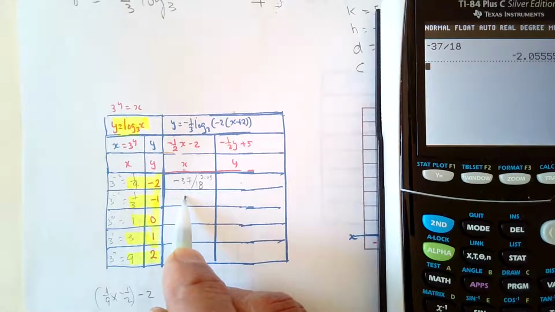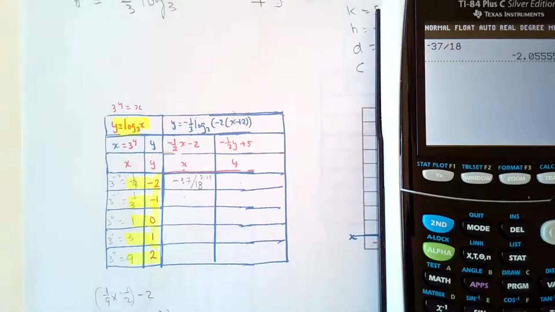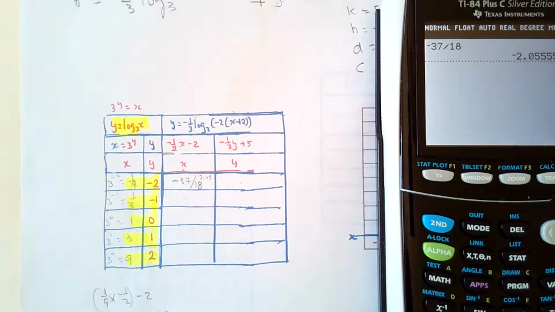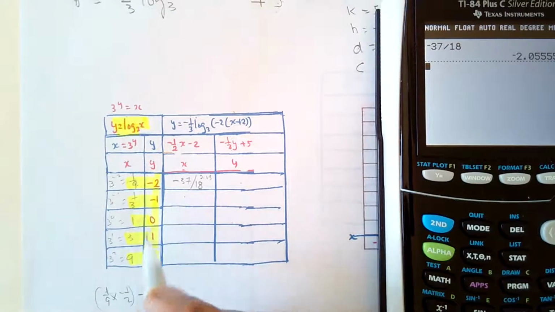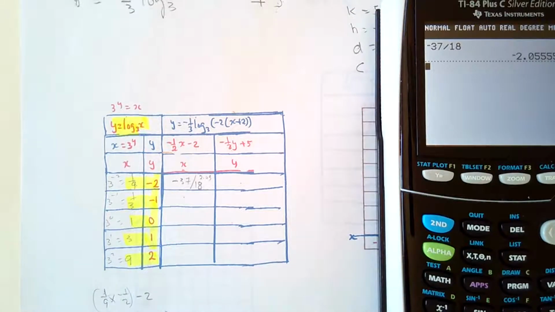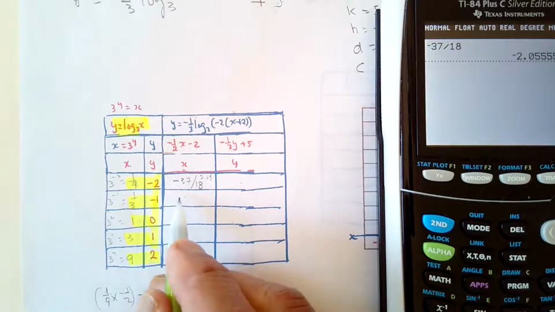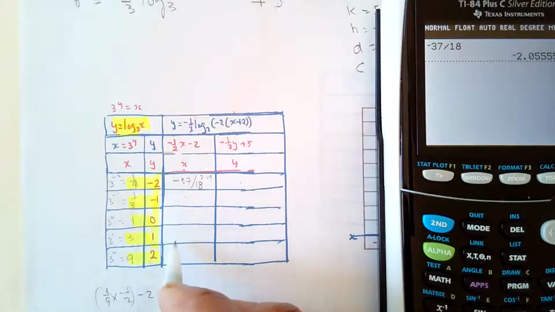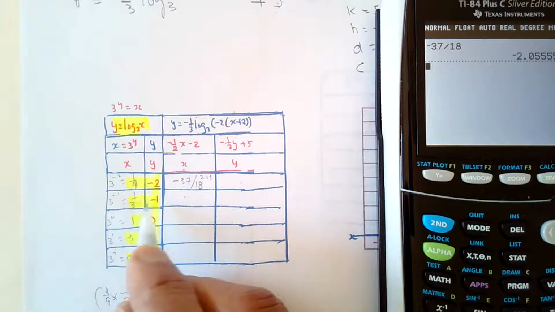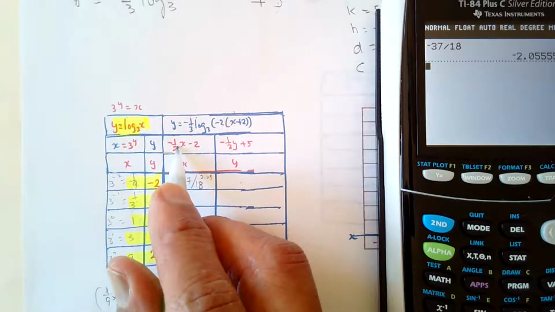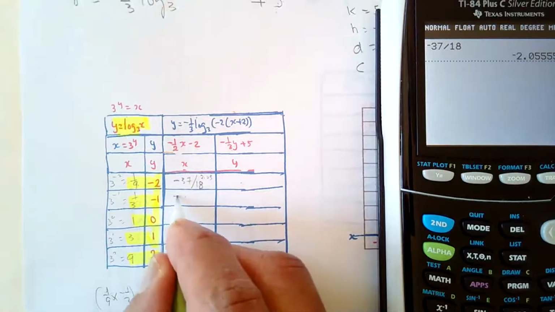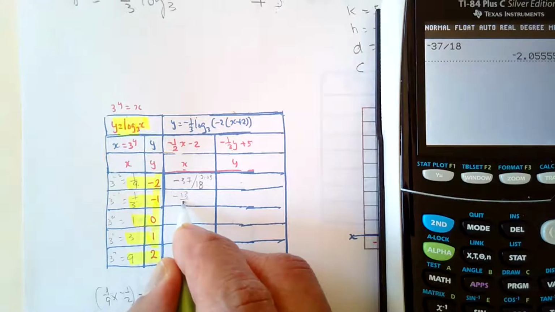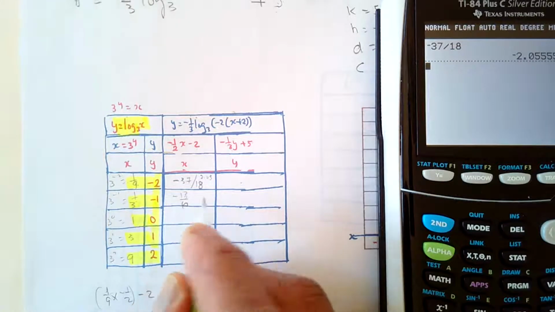Our next one would be, so this will be mostly rational numbers. I don't think there's any whole number here. So we have 1/3 times negative 1/2 minus 2 will give me negative 13 over 6.